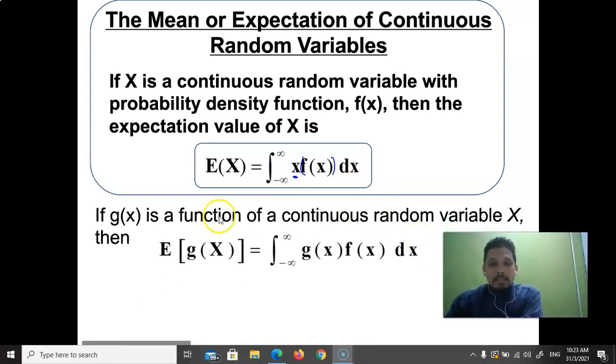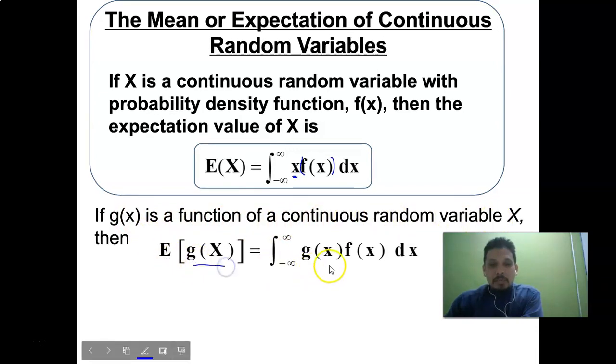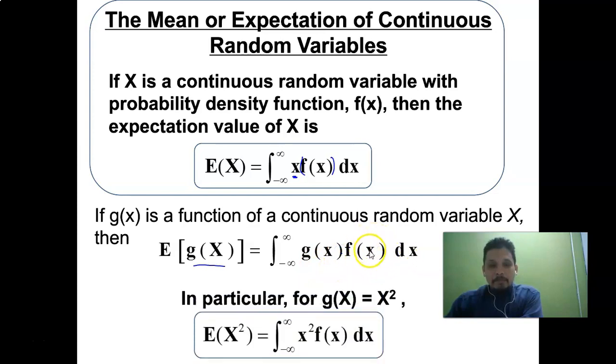So then, if g(x) is a function of a continuous random variable, then the expected value of g(x) equals the integral from negative to positive infinity of g(x) multiplied with f(x) dx. In particular for g(x) equal to x squared. We are not going to discuss much on this part here. We're going to look strictly into an example to make clear what it is all about.